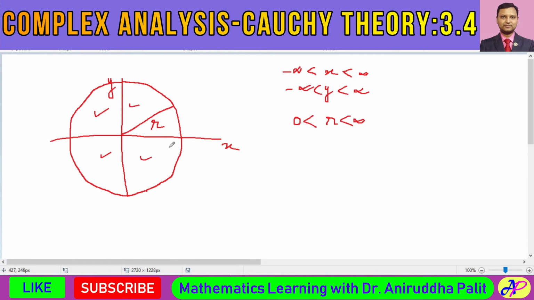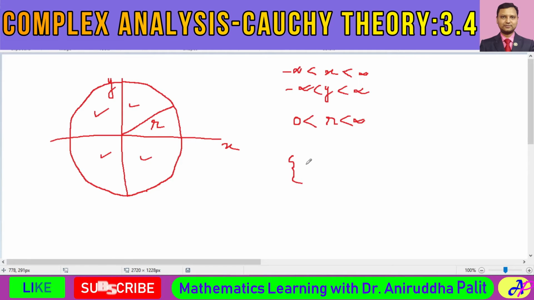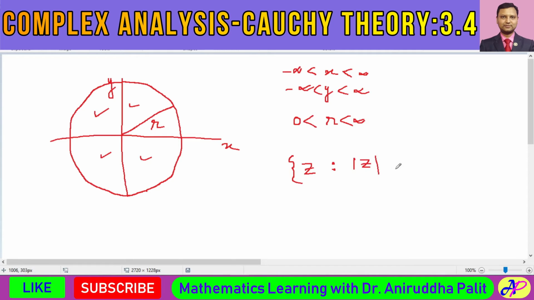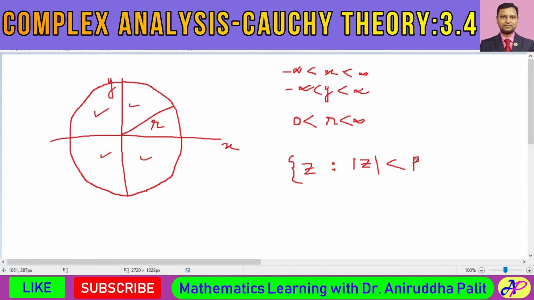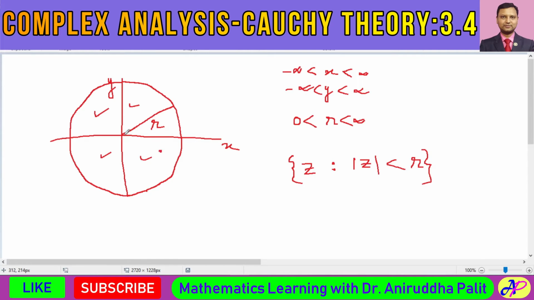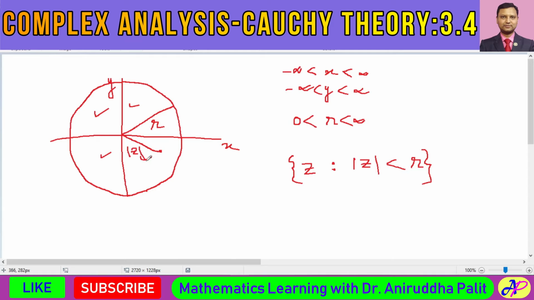This interior region is called the finite complex plane. So what is finite complex plane? We can say that if you consider the set of z such that modulus of z is less than some finite number small r. If you consider any point z, then this is the modulus of z.